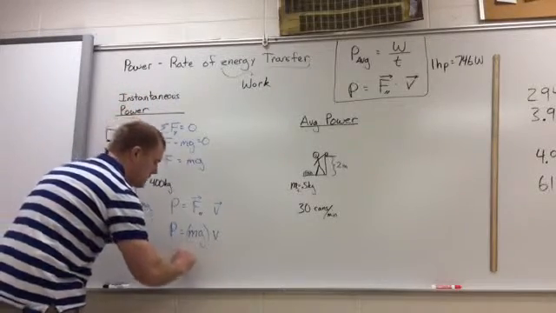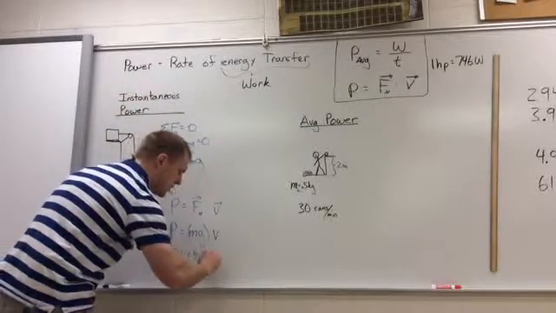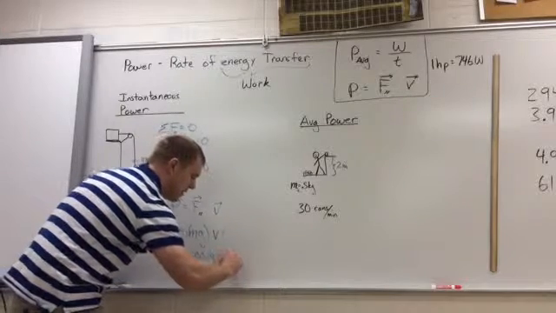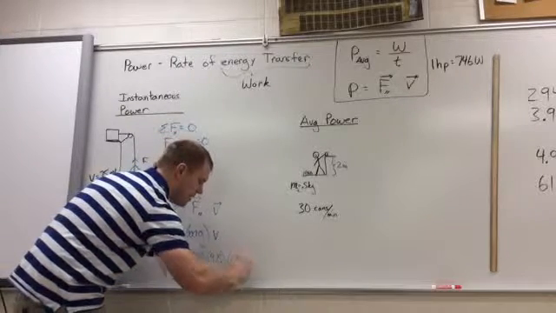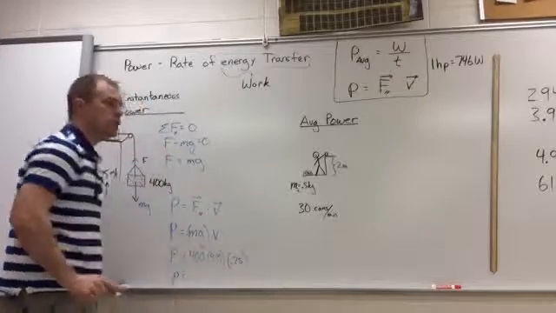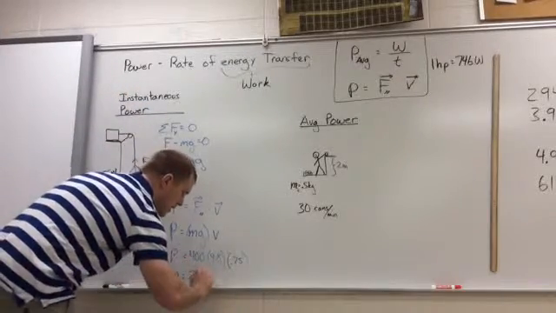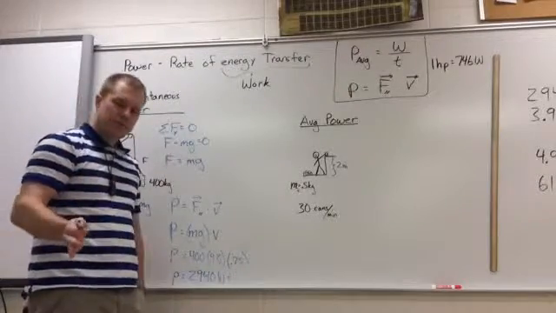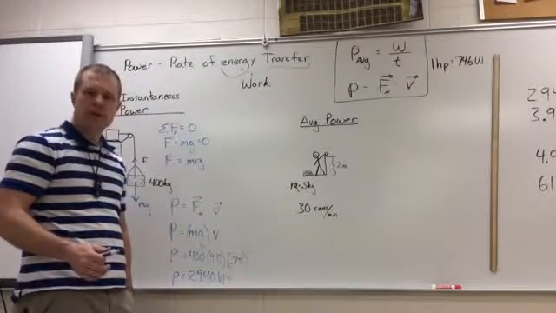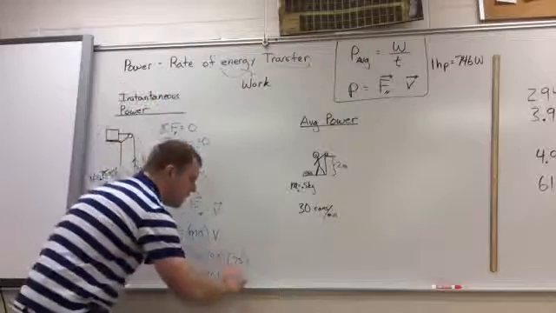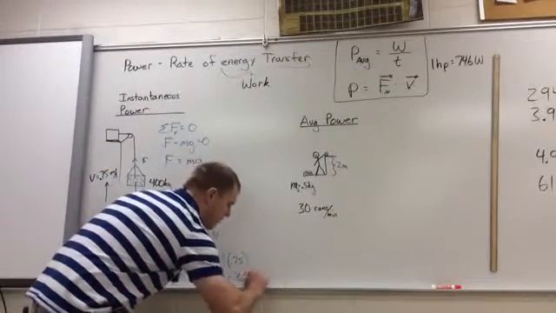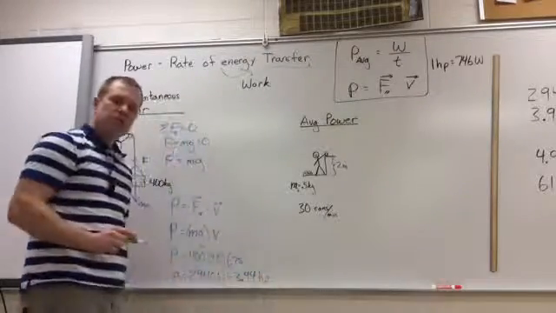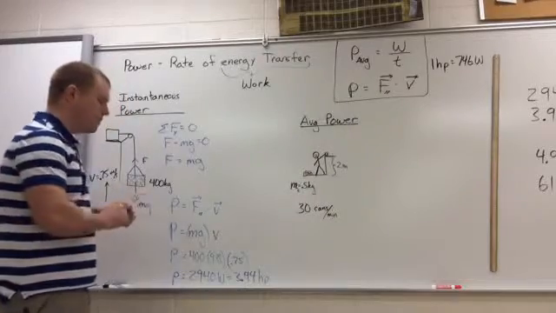So my power comes out to be 400 times 9.8 times a speed of 0.75, which is 2,940 watts. If I change that to horsepower, because motors are measured in horsepower here in the States, we end up with 3.94 horsepower, which is a pretty reasonable motor for lifting bricks.